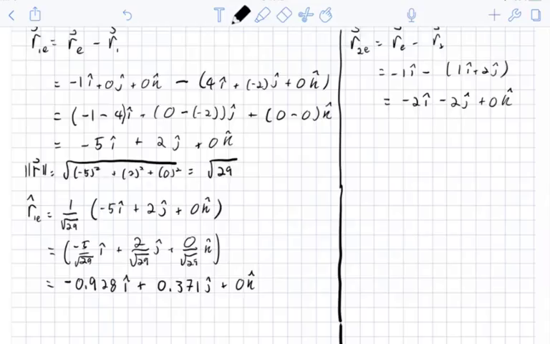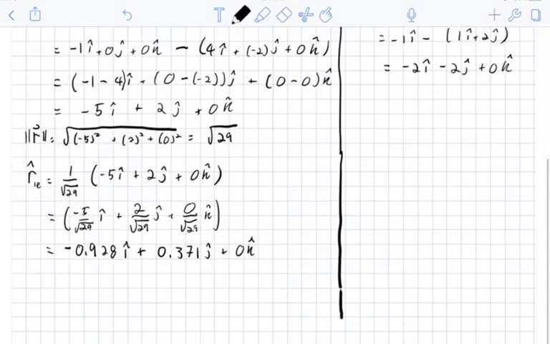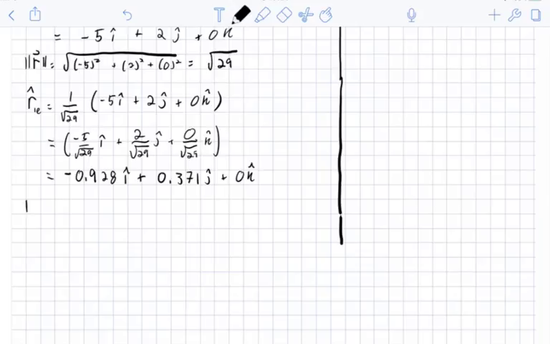And now I need to calculate the magnitude of the force, which is k q1 qe over this length all squared.